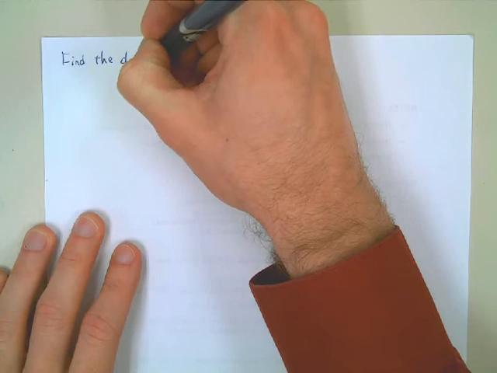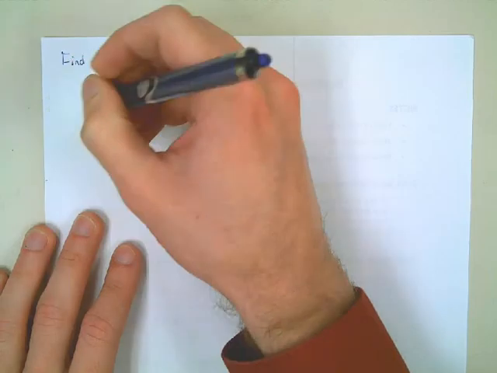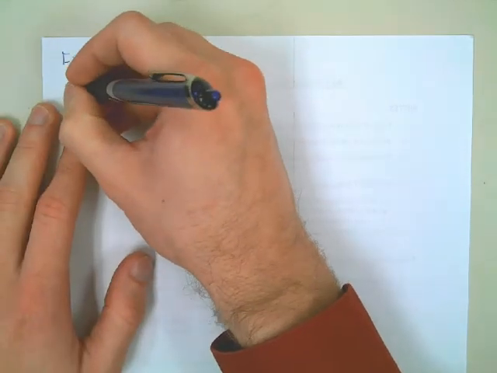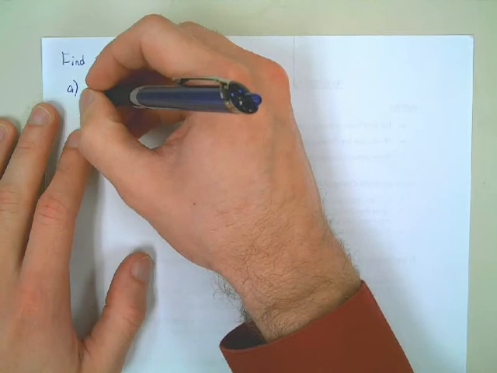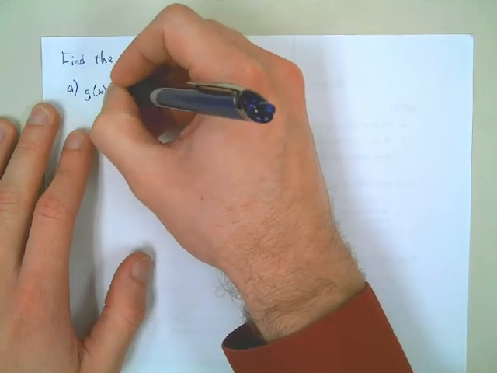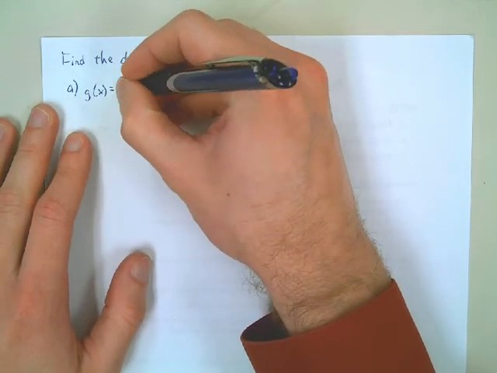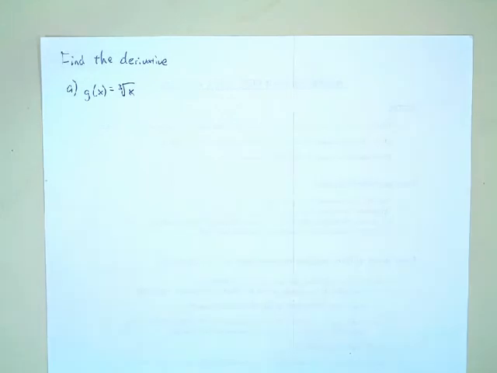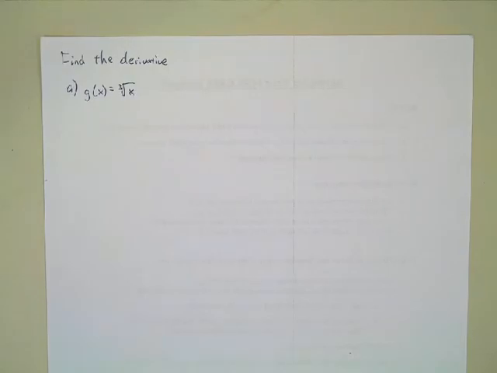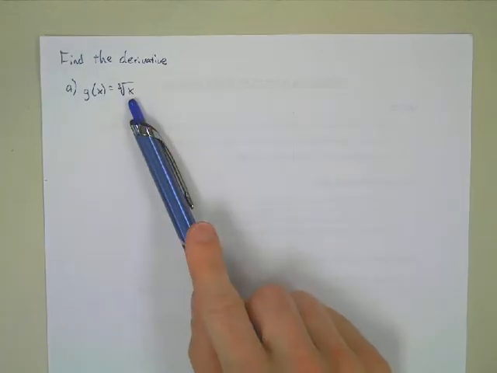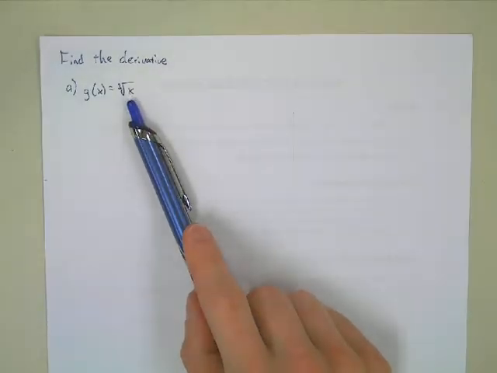All right, find the derivative. Let's do the first one. g of x equals cube root of x. We don't have a derivative rule for cube root, but how can we rewrite cube root of x?